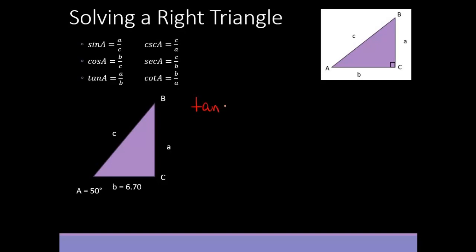So we can do tangent 50.0 equals A over 6.70. And now to get A by itself, we multiply 6.70 by the tangent.